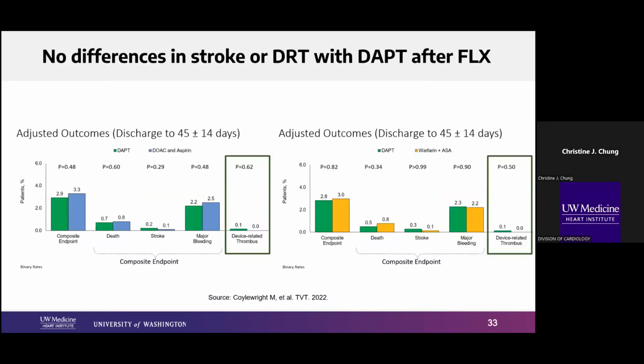This was an analysis of the NCDR registry data with the Flex device specifically, looking to see whether there was any difference in rates of ischemic stroke, device-related thrombosis in people that were getting treated with DAPT versus an oral anticoagulant. And as you can see, there really was no difference. And so this led to the FDA approving an on-label indication for DAPT for the Watchman Flex device. So there are 2 different approved antithrombotic regimens.